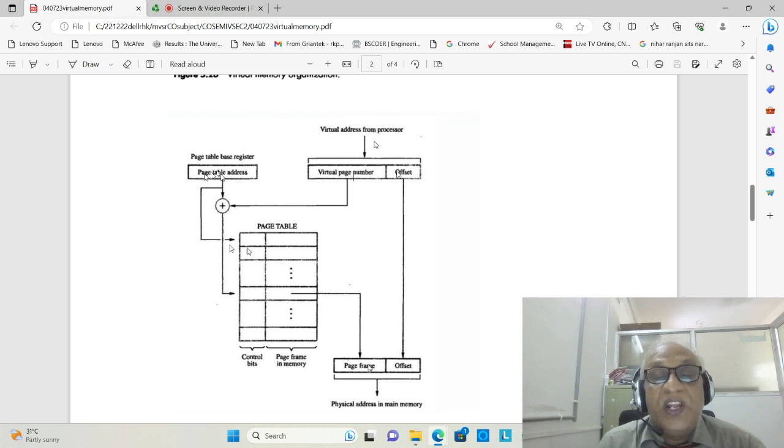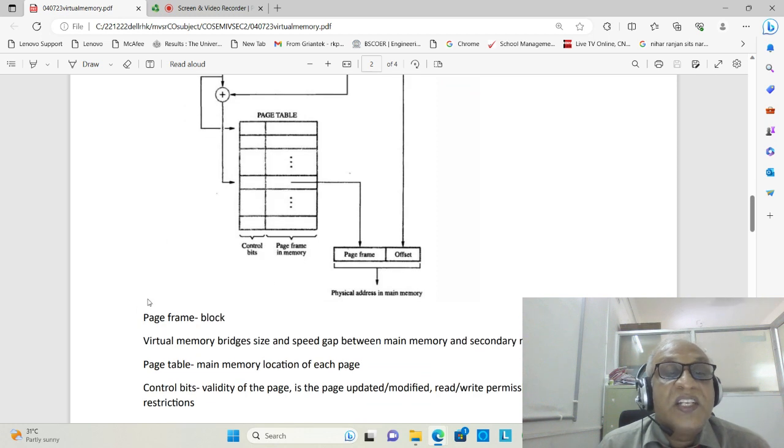So what is a page frame? Previously we mentioned blocks of main memory; the same thing is called page frames here. If you look at this data structure, the page table, it consists of the page frames and the control bits. As I said earlier, the page frames are nothing but blocks.